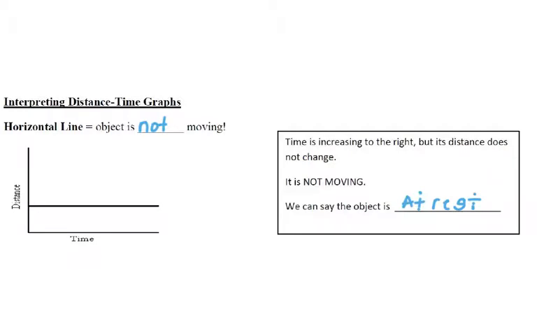The distance is staying the same, but the time is increasing. If you think about it logically, if the time is increasing but your distance isn't, it just means that you're stopped, that you're stationary, staying at the same position for some period of time.